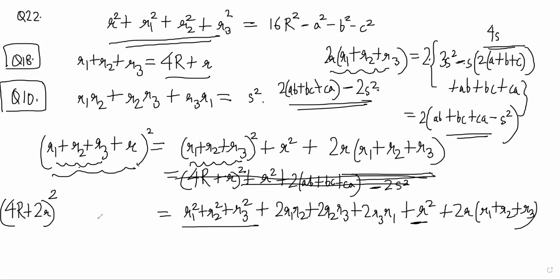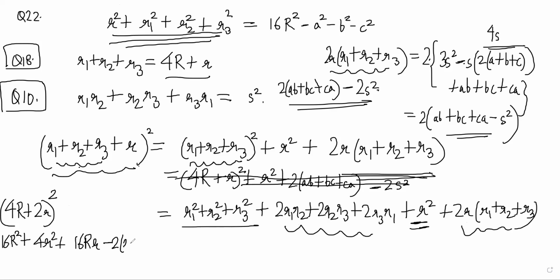So then you have the LHS on this side, and everything else you bring on the other side. So you will get 16R square plus r square plus 8Rr, minus 2 times (r1 r2 plus r2 r3 plus r3 r1), minus 2r times (r1 plus r2 plus r3), which is 4R plus r, right?